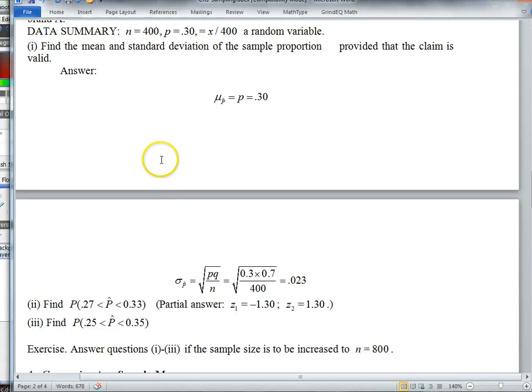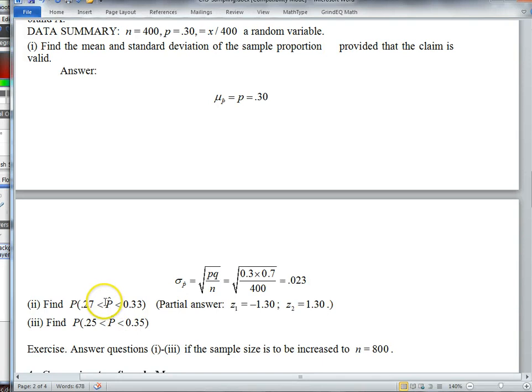Otherwise that claim would not be true. So that's basically what we're looking for. So what should that probability be? That's what we want to calculate. What is the probability that p hat would be between 0.27 and 0.33? That gives me a margin of error of 3%. We're going to talk about that later on.